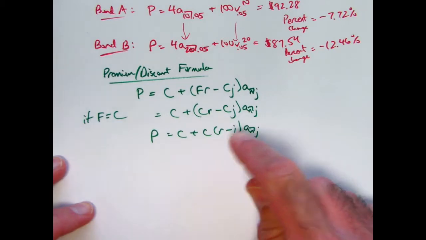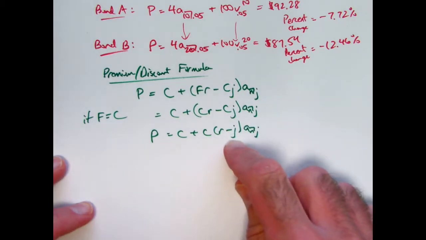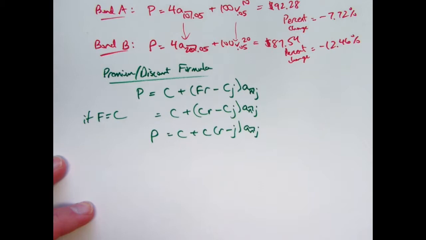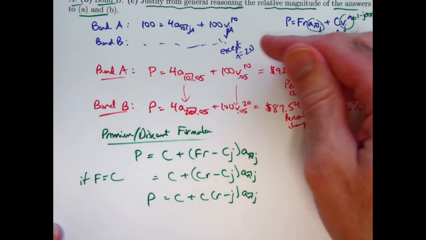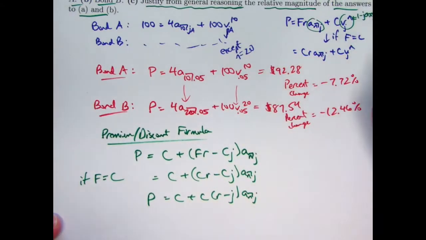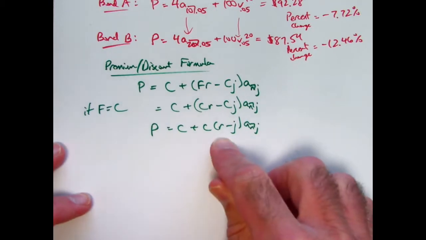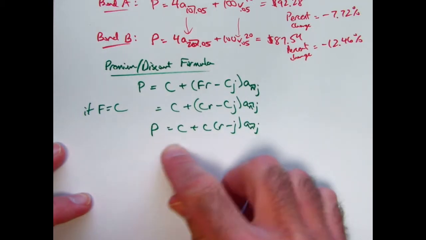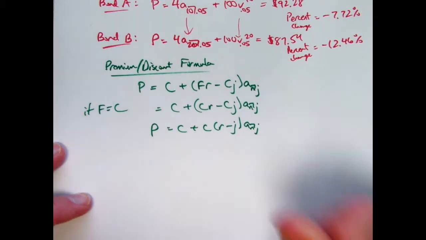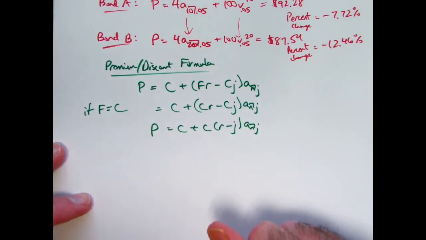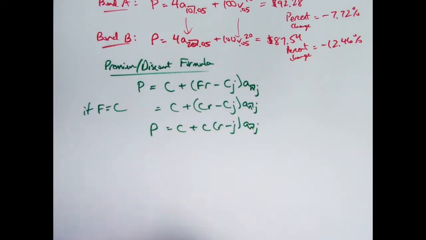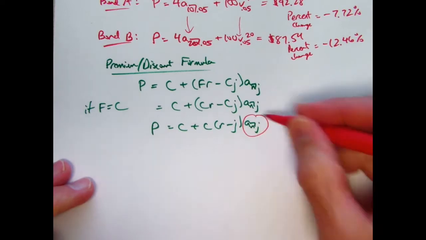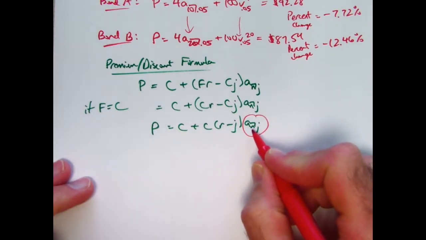And if the yield rate increases, if J now becomes bigger than R, as it does here in this example, going from 4% to 5%, then this thing becomes negative and the price goes down. You get C plus a negative number, so the price is going to be lower. And as n gets larger, this thing gets larger. As n goes from 10 to 20, this thing increases.